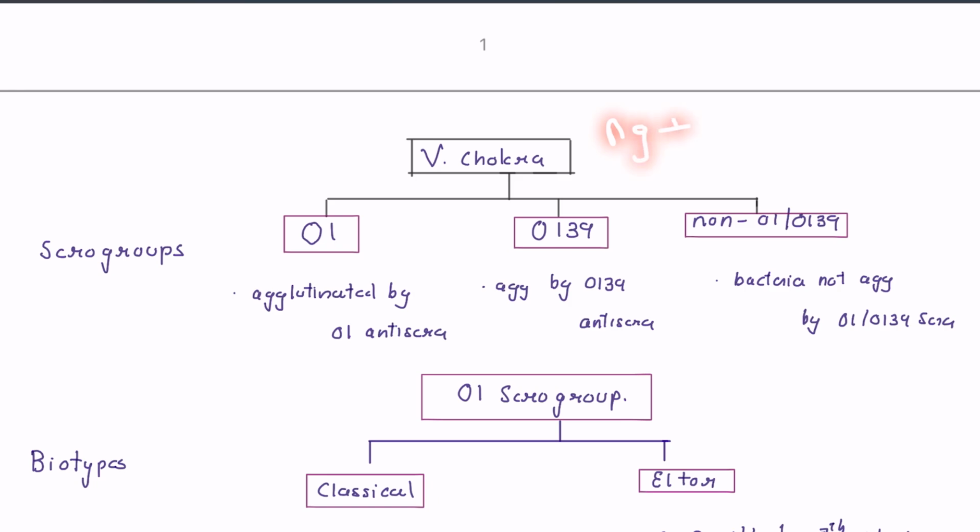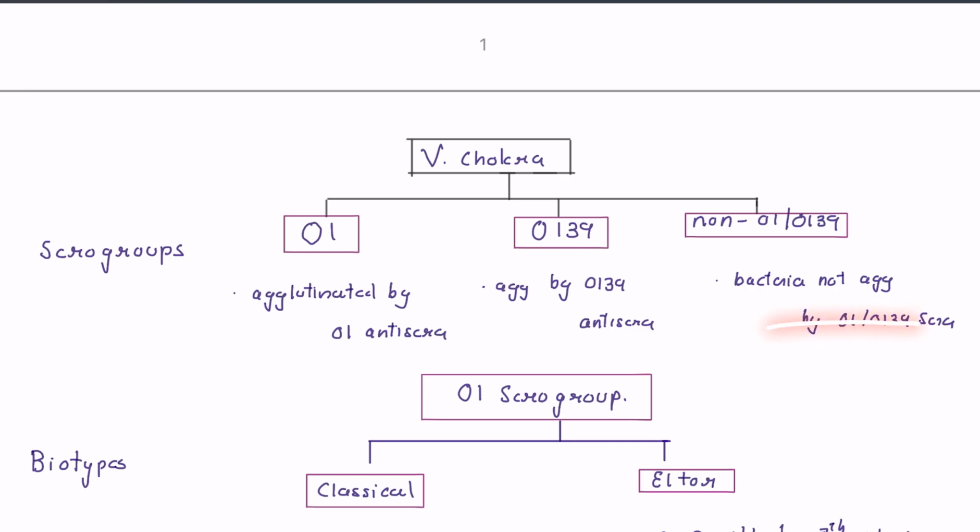So these antibodies, also called antisera, are used. If O1 antisera is used and it agglutinates, it is O1. If you use O139 antisera, it is O139. If there is a Vibrio cholerae and it is not agglutinated by either O139 or O1, it is called non-O1, non-O139.